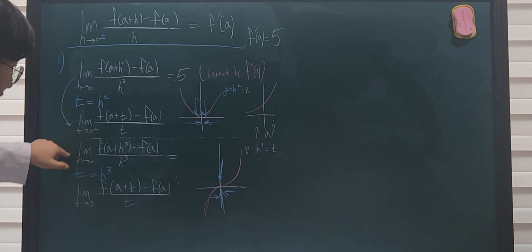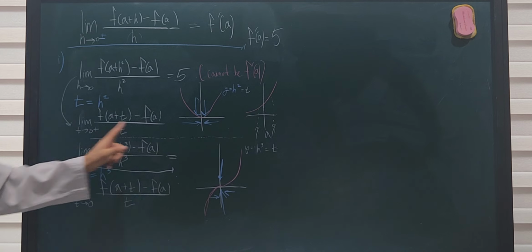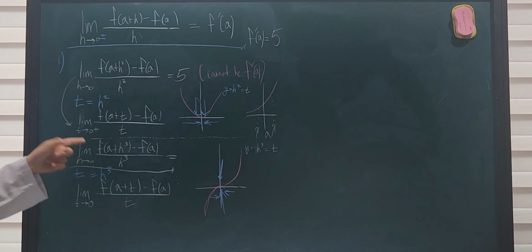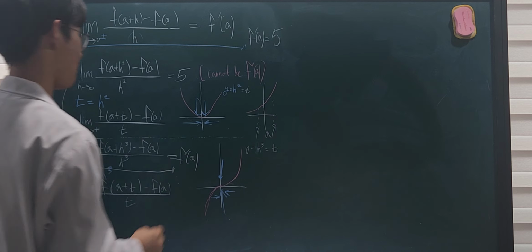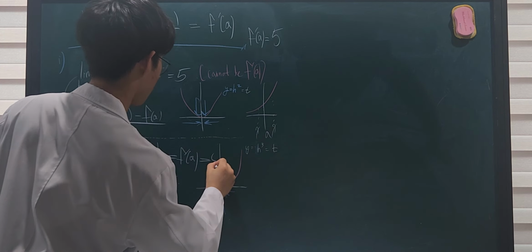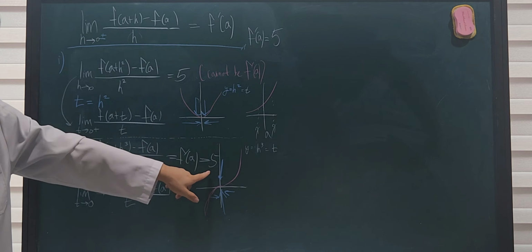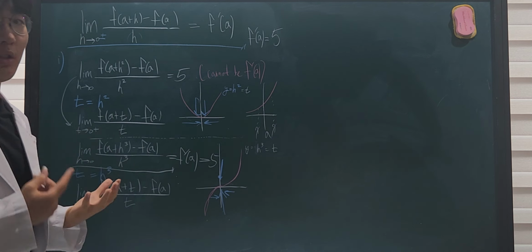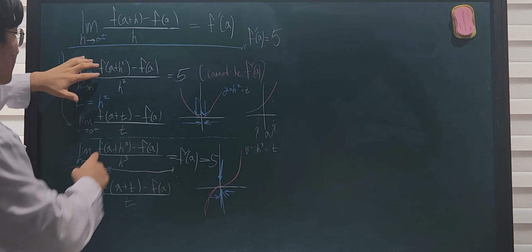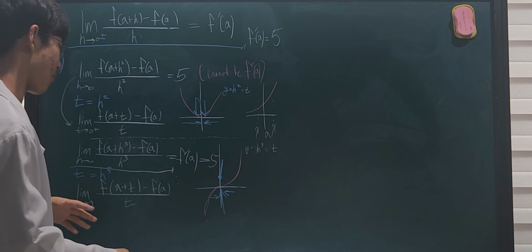So this equation is exactly equal to the first principle identity, which is f prime a, which is also equal to 5. While these values contain the same answer of 5, you should be able to understand that they have completely different mathematical characteristics and properties.